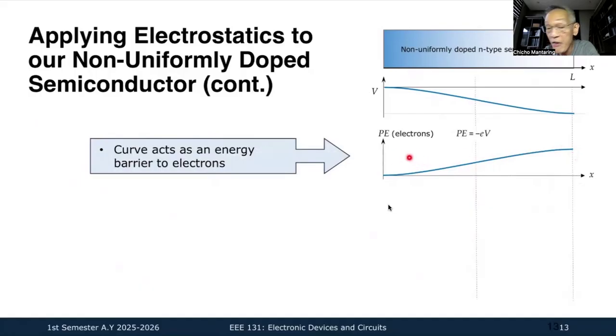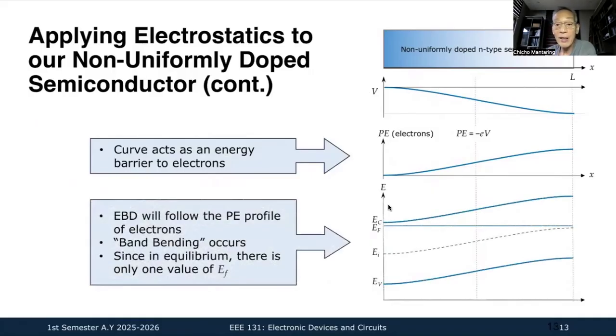In other words, if I have a certain amount of energy here, don't expect it to be able to go beyond that point. For example, if I have this much energy for an electron, don't expect it to move beyond this point. So that is your potential energy profile.